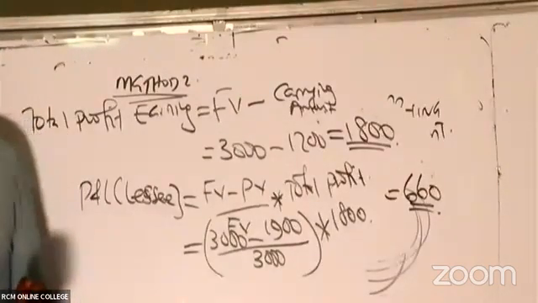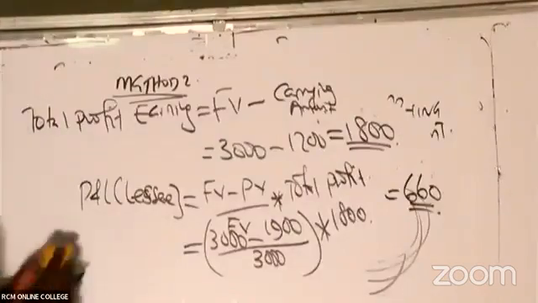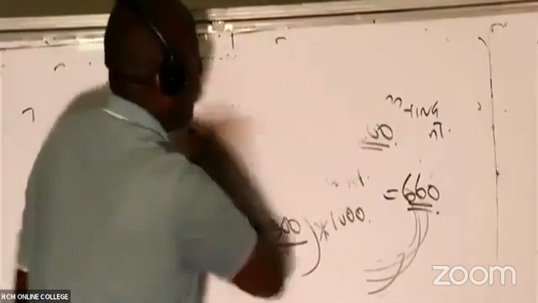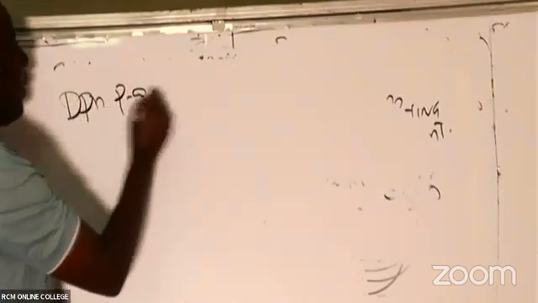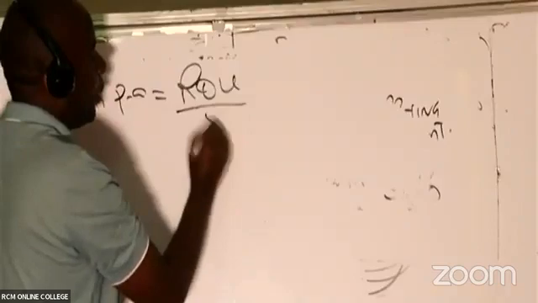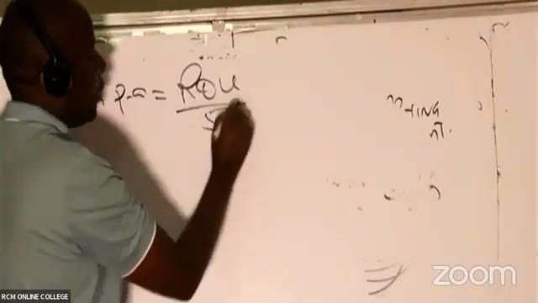If that is the case, this is how we shall do it. Depreciation per annum will be the ROU, the right of use, divided by the useful life, which is 5.